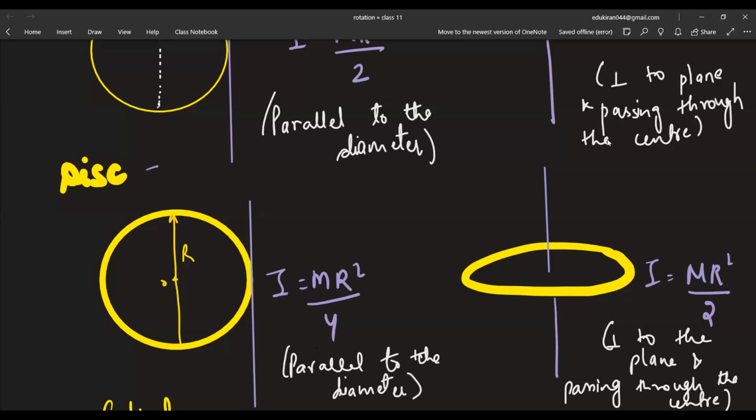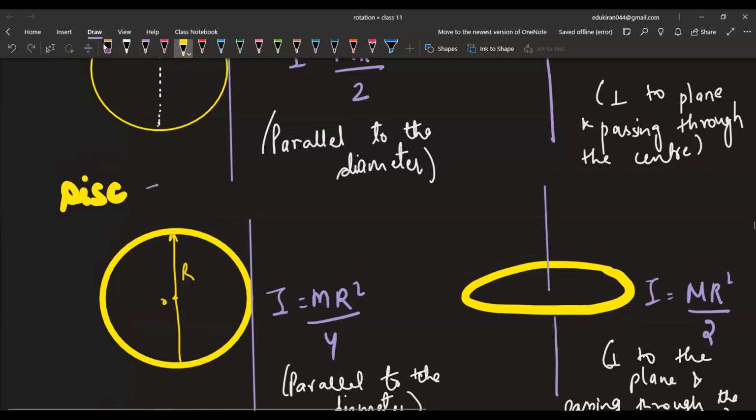Perpendicular and passing through the center was mr square for the circular ring. Disk as in CD disk. Disk means something which is completely filled. See the difference between a ring and a disk. This is a ring.